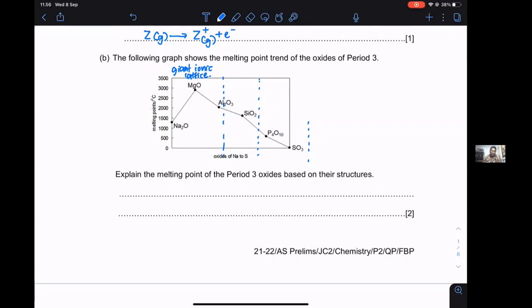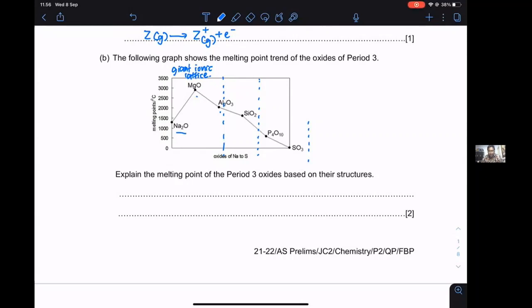You no need to explain why the trend, for example Na2O compared to MgO is higher and so on. Generally it's because of the structure, but you can see that they generally are going to be higher. Except for sodium oxide, magnesium oxide and aluminum oxide will have higher melting point.